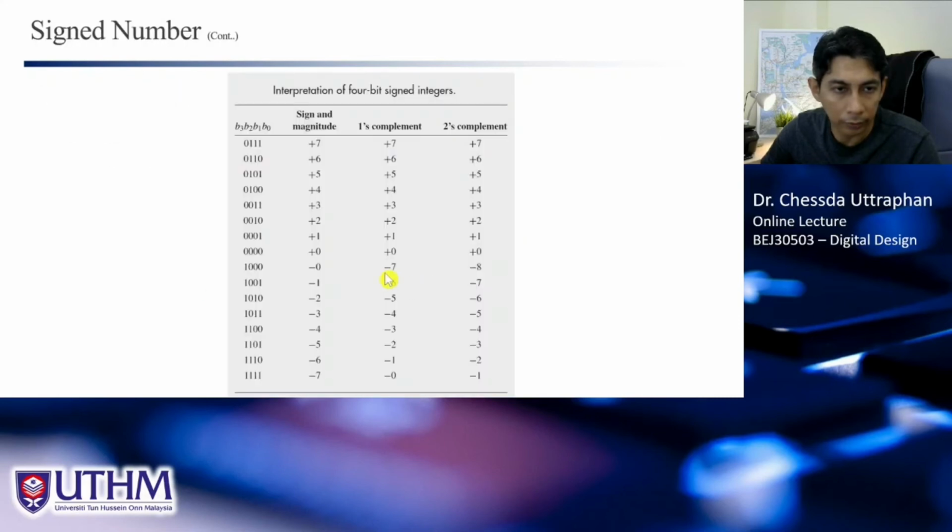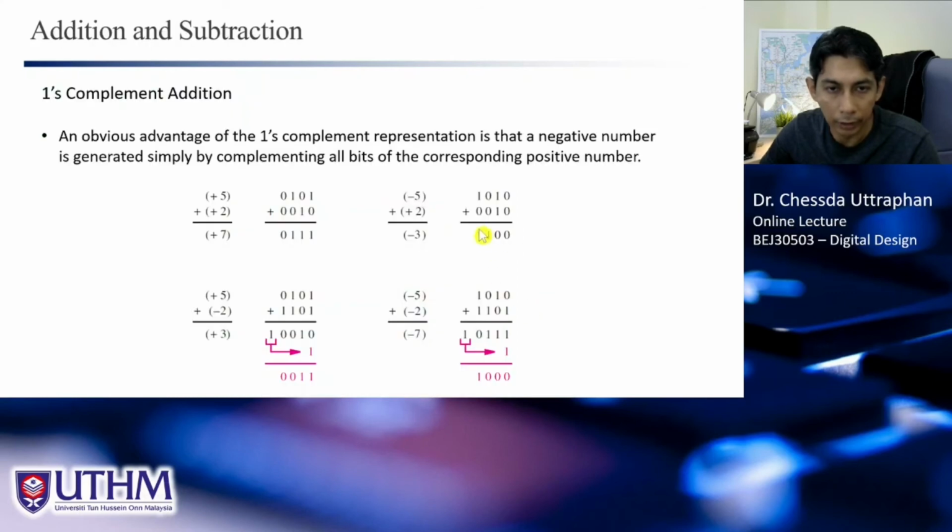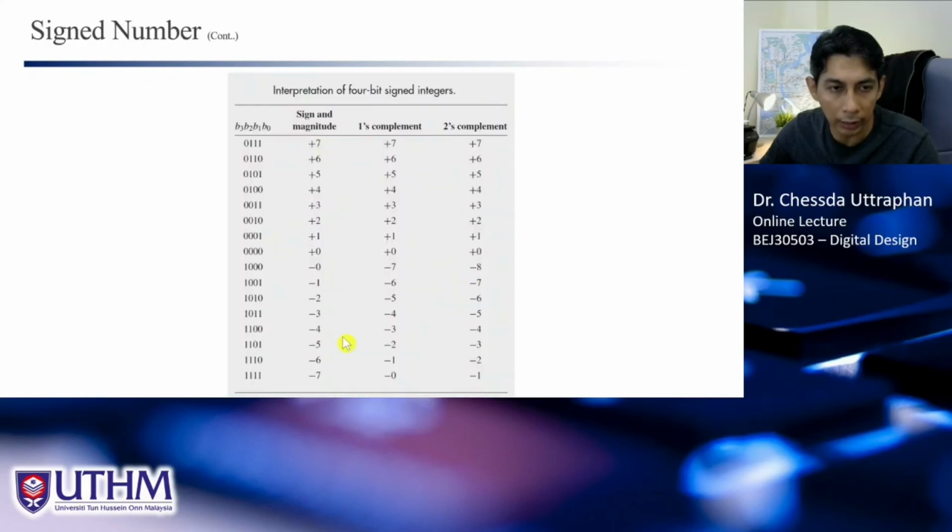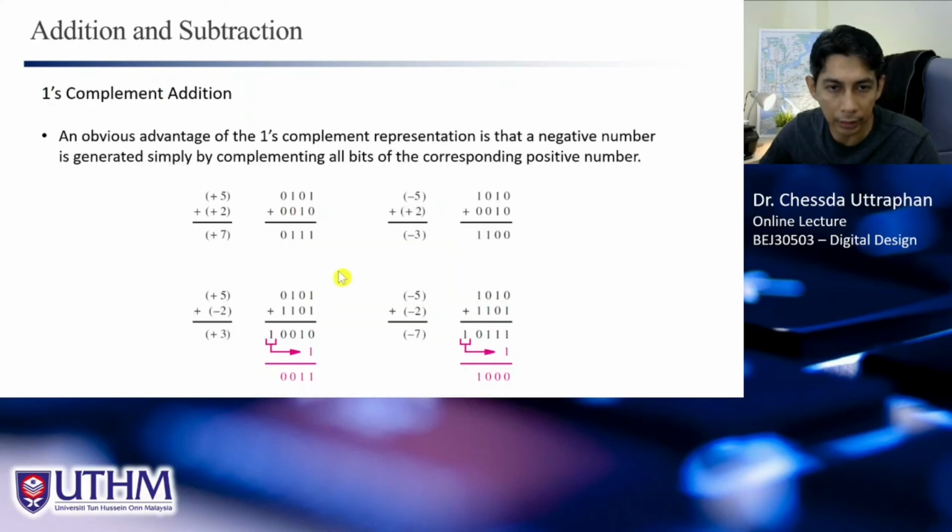When we look at this in first complement, 1 1 0 0 is minus 3. The answer is correct. Minus 5 plus 2, minus 3. Yes, this is good. This calculation cannot be done using the sign and magnitude representation. That's why I said this representation is useless.